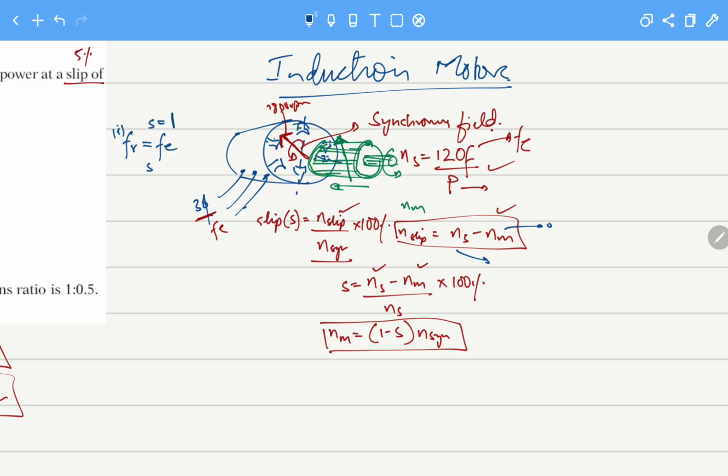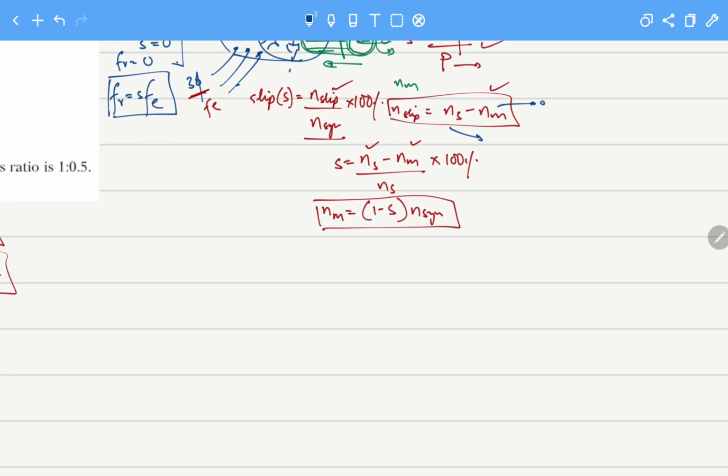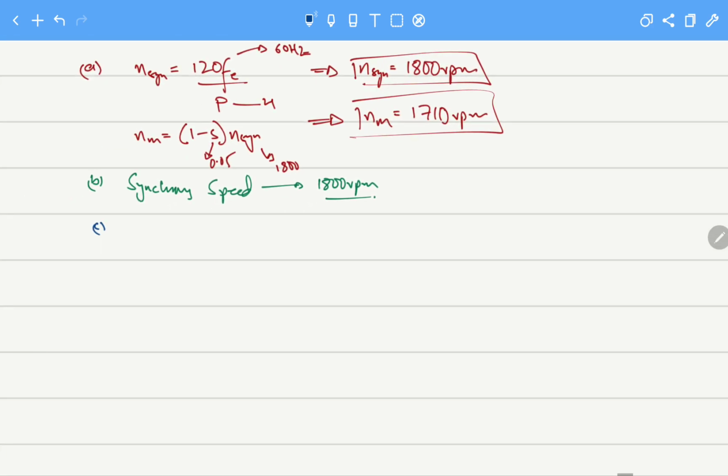Now when the slip is 0, that means the rotor is rotating aligned with the synchronous rotating magnetic field, so the rotor frequency will be 0. From this relationship we can say that the frequency induced on the rotor equals slip times the electrical frequency.